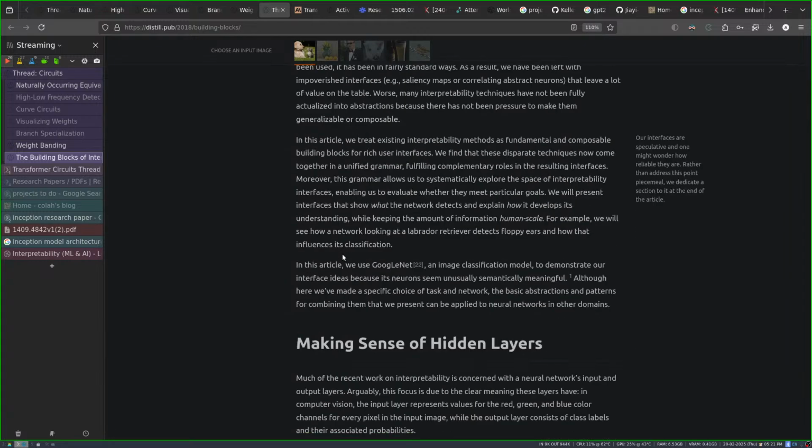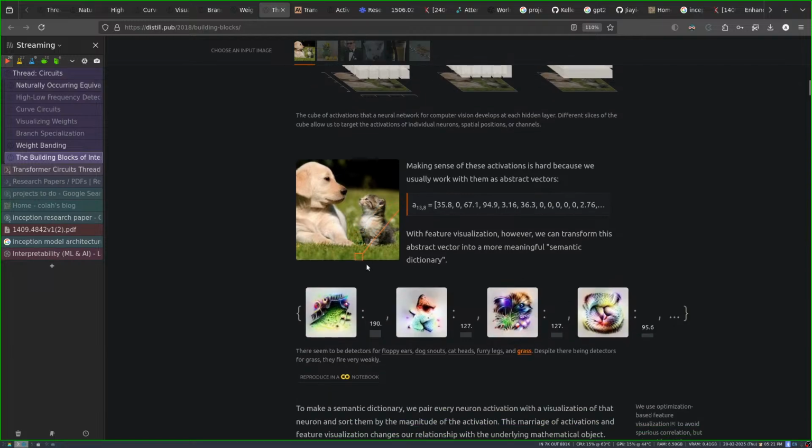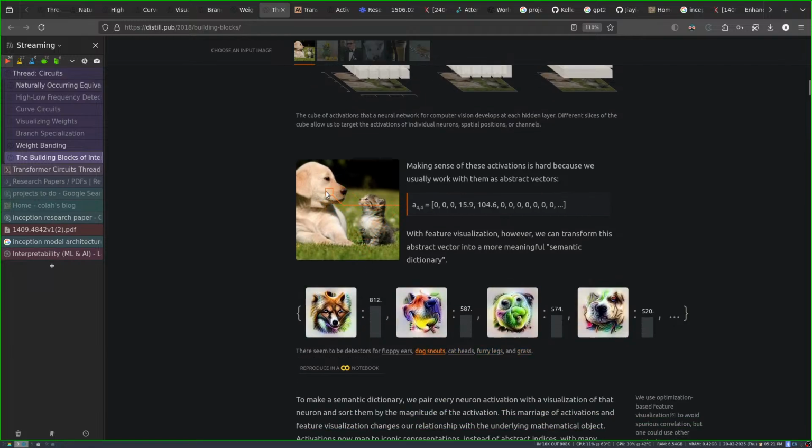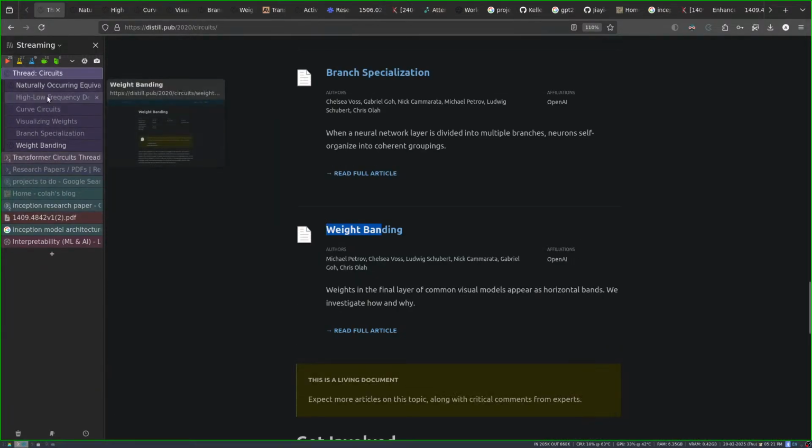So I don't think it makes sense reading this. We saw those parts already. I think I'm going to skip this one.